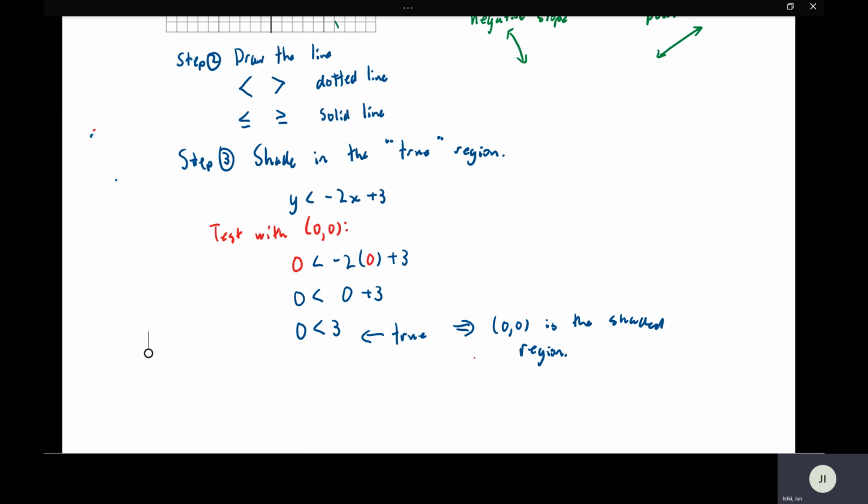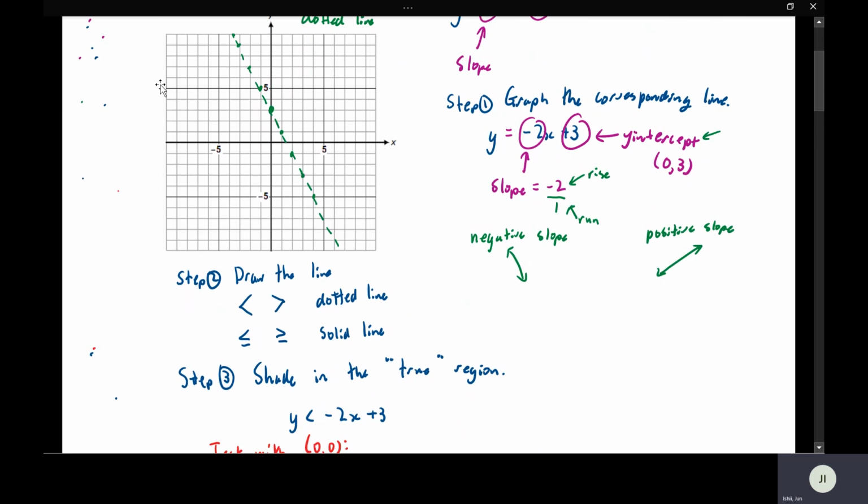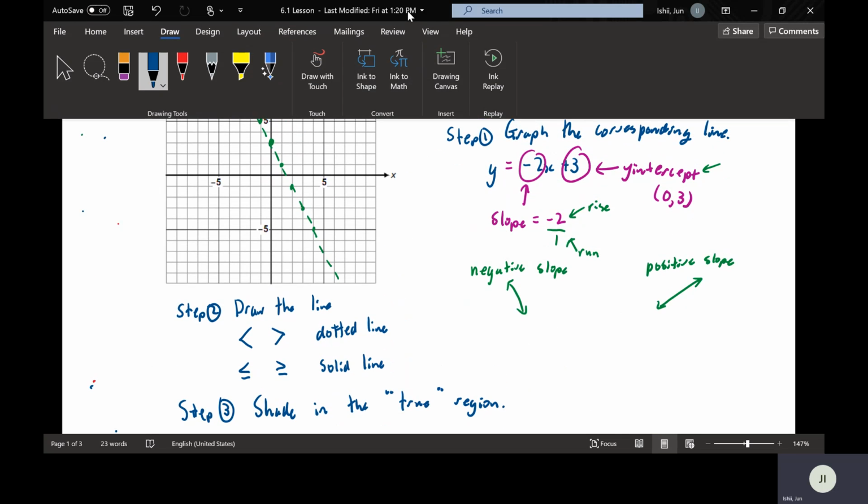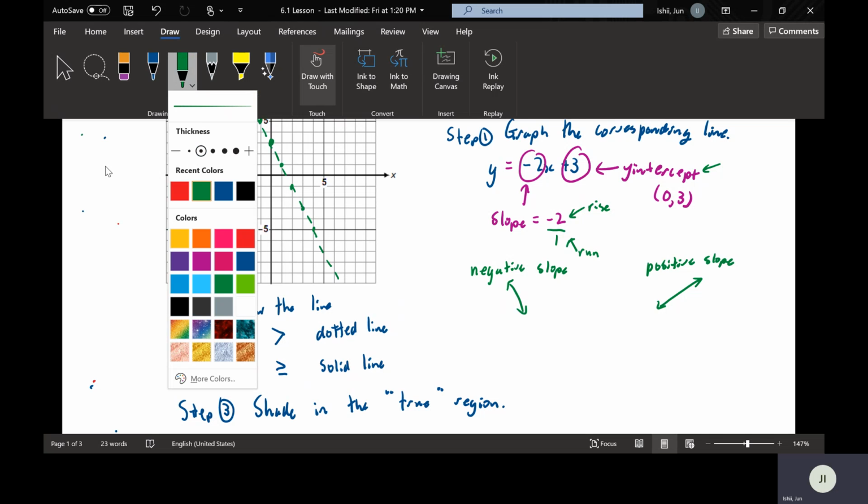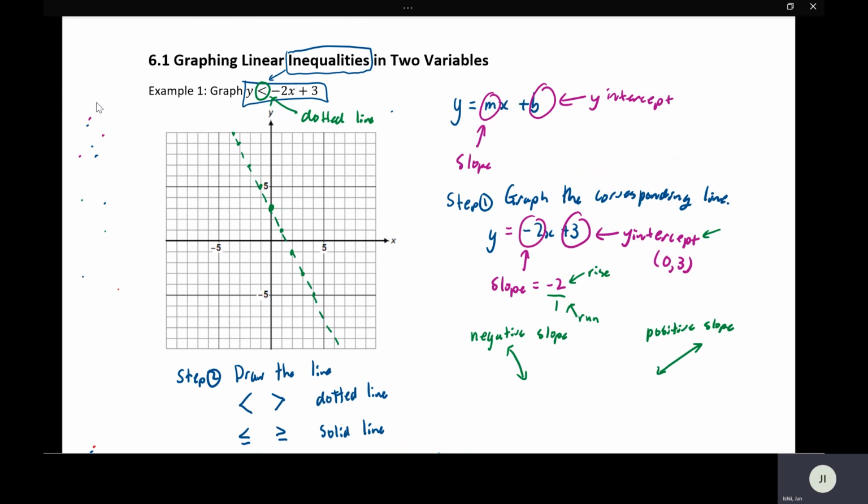So to finish this graph off, I need to shade in the side containing 0, 0. In this case, it would be this side over here. So this would be shaded in, because when we plugged the point 0, 0 into the inequality, it turned out to be true.